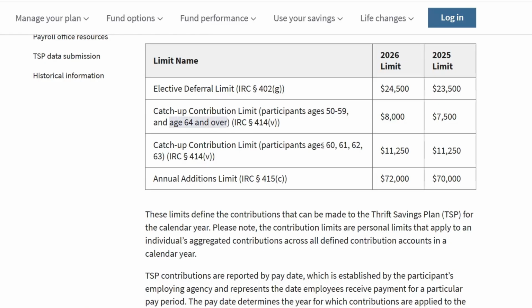Remember, they changed the contribution limit for employees who will turn 60, 61, 62, and 63 this year to be a higher amount. We'll talk about that in a minute, okay? But anybody who is over age 50 and not between 60 and 63 can contribute another 8,000 into that retirement system. So let's break that down.